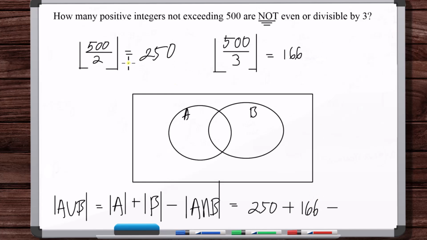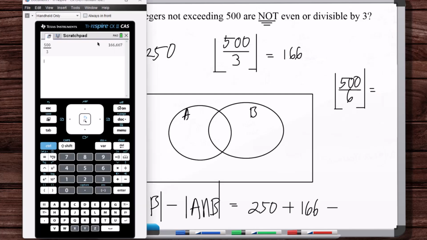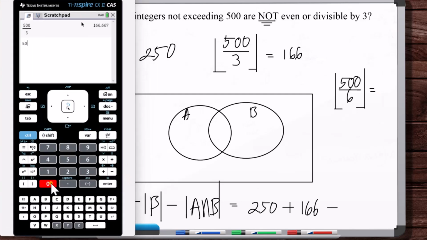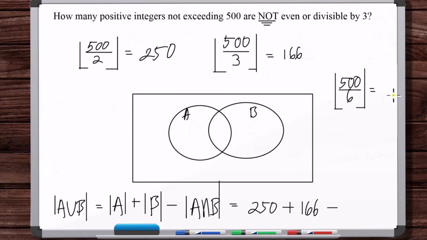Well, we can use the fact that these two numbers, 2 and 3, are relatively prime, so we can just take 2 times 3, which is 6, and this will give us the number of integers from 1 to 500 that are divisible by both 2 and 3. So 83. And that's the intersection.